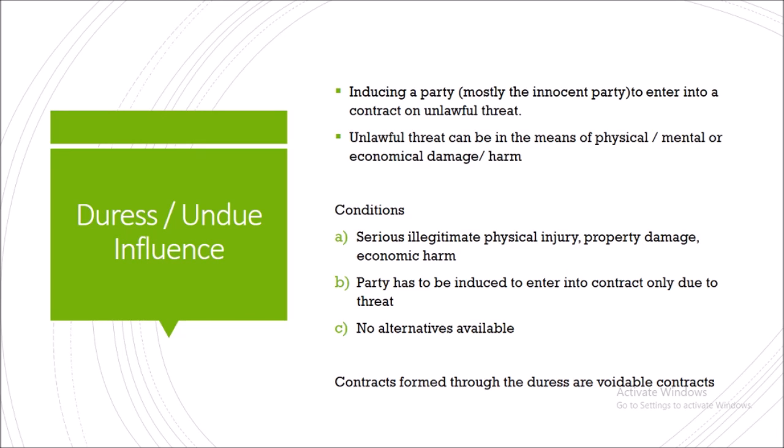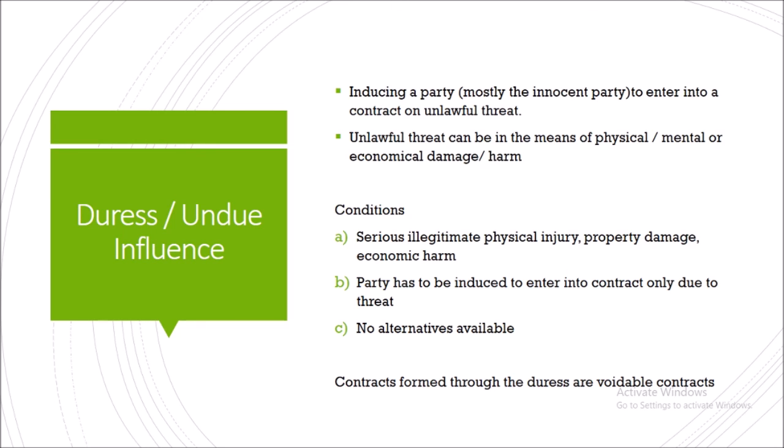There are three conditions to make a contract through duress or undue influence, and the innocent party can actually sue by basically making that claim over all these three conditions, right?